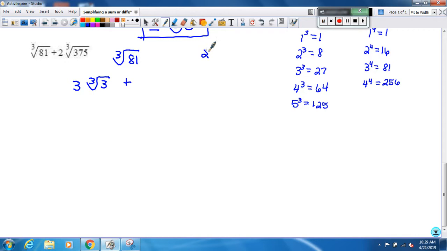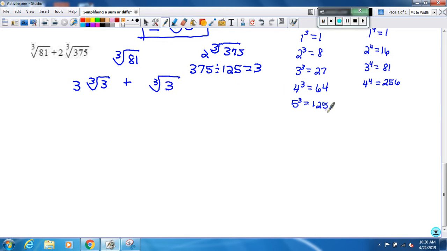Okay, 2 times the cubed root of 375. Sorry, my pen is jumping. We can do 375 divided by 125 equals 3. So that goes, I'll put it over here. That's the cubed root of 3.